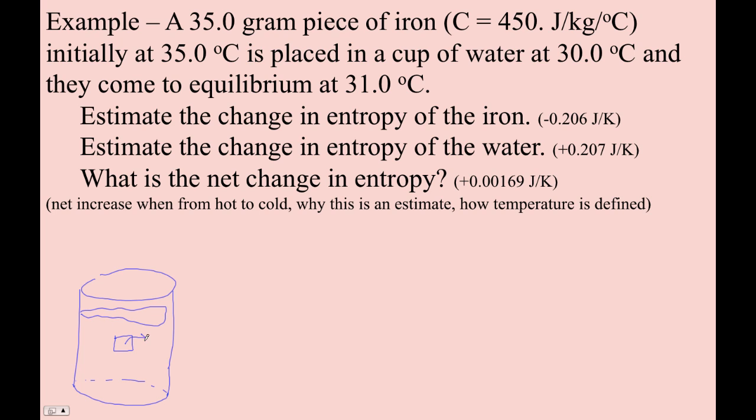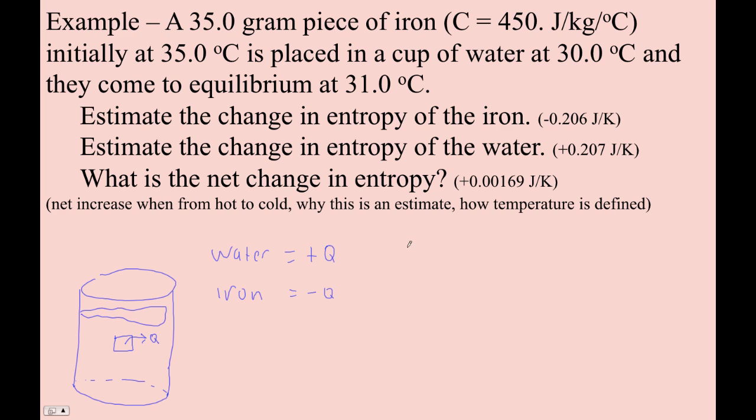Heat is going to flow out of the iron and into the water. So the water will have a positive Q, and the iron is going to have a negative Q. The heat is going to flow out of the iron.